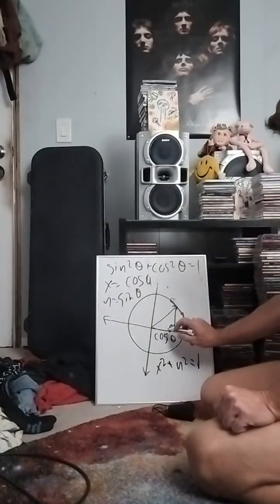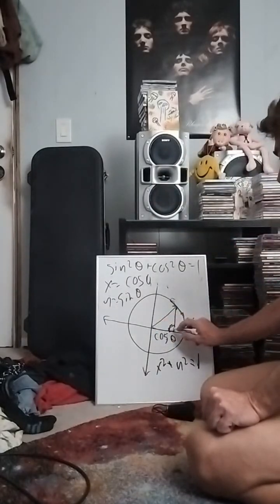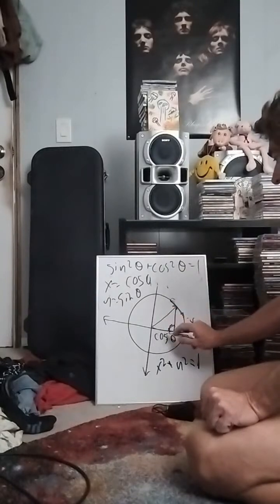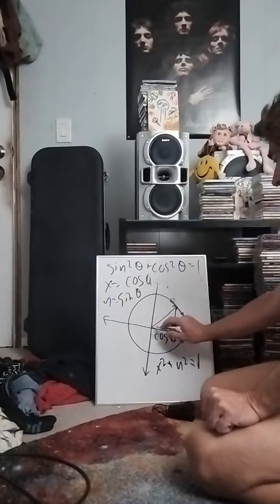That's the x part, because the cosine is defined as the adjacent side over the hypotenuse. If the hypotenuse is 1, then cosine theta is just the adjacent side of the angle.